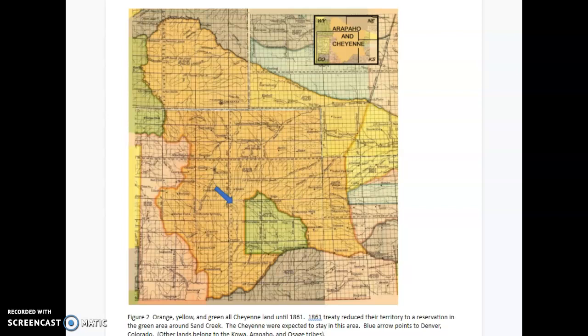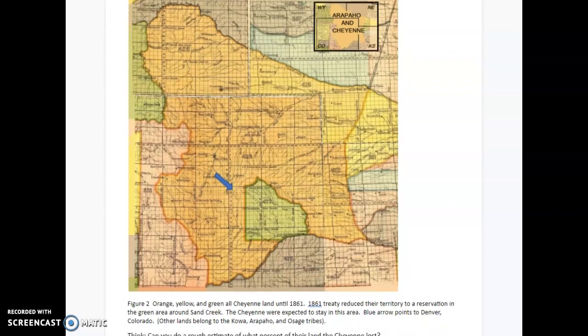And in 1861, the Cheyenne and Arapaho had their territory reduced just to the green portions. The blue arrow points to the site of present-day Denver.